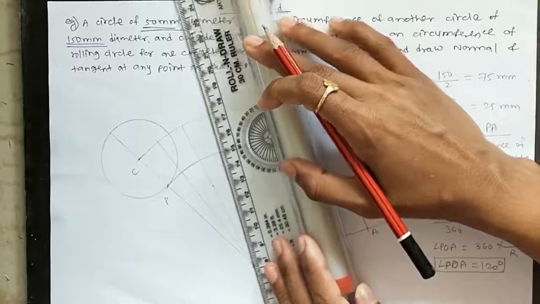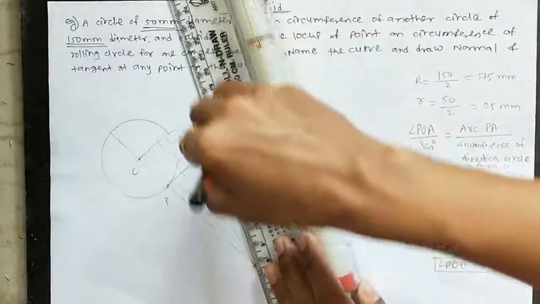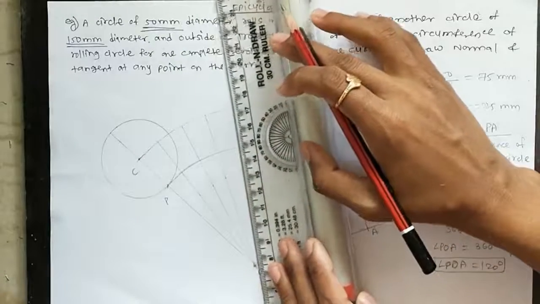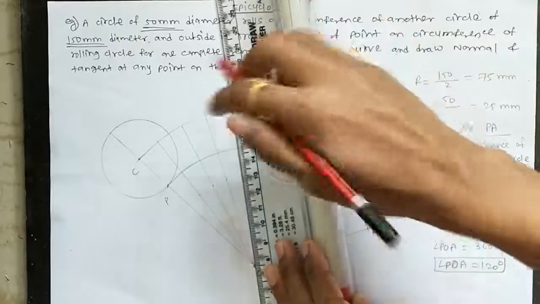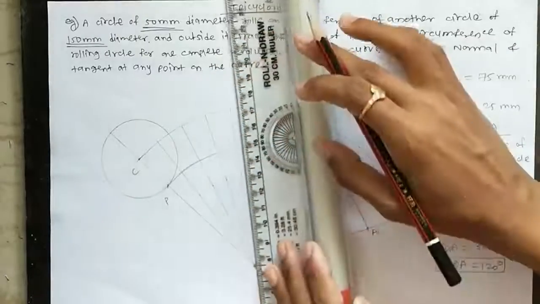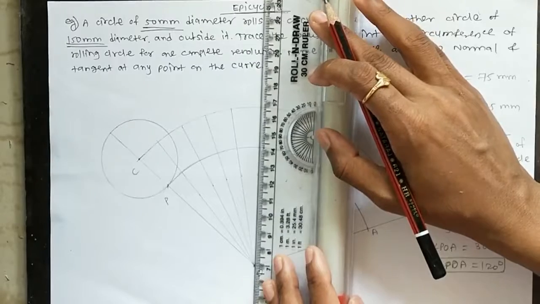Then draw a line from 30-degree angle. Then 40-degree angle. Then 50-degree angle.